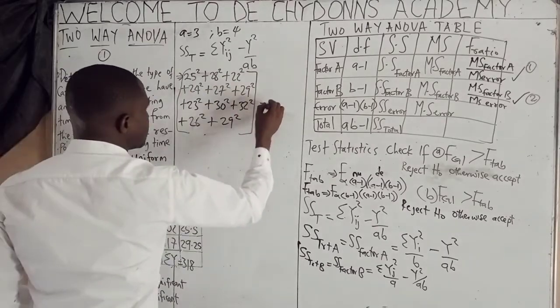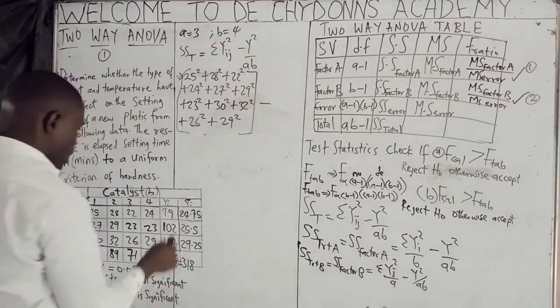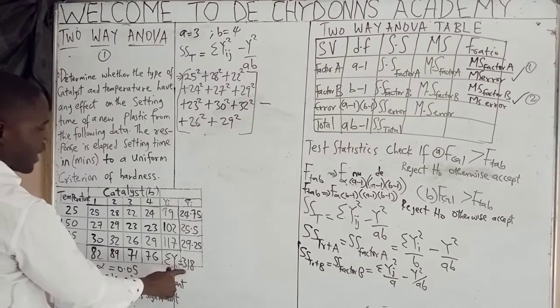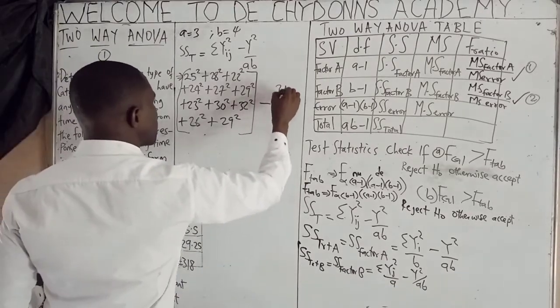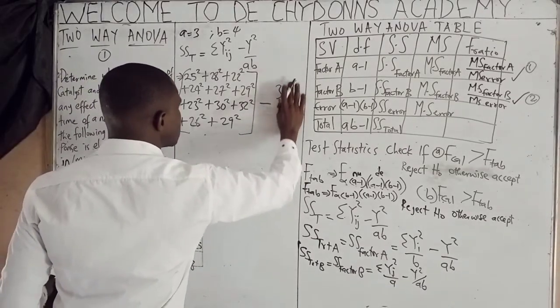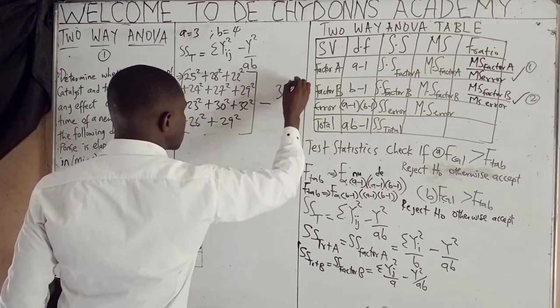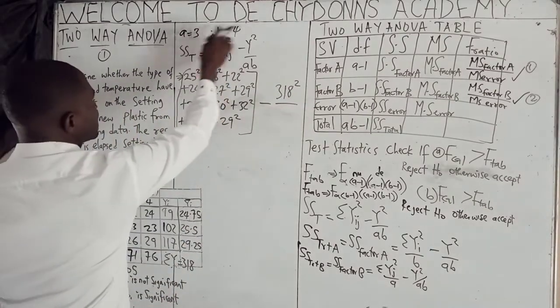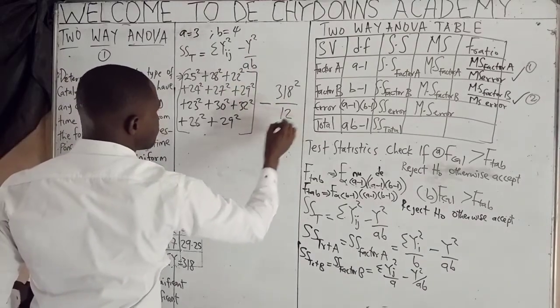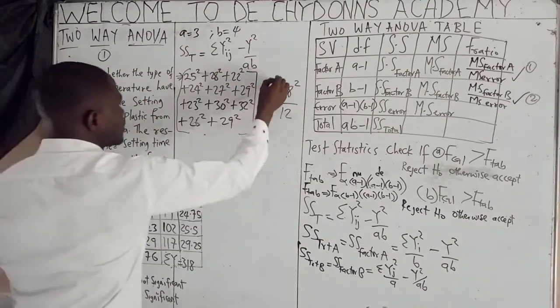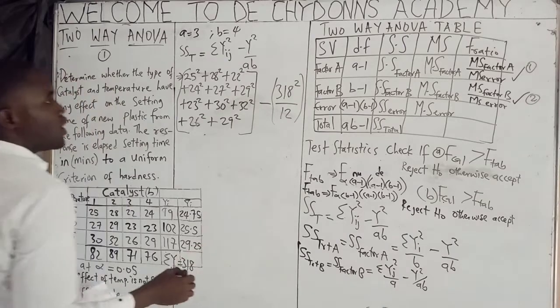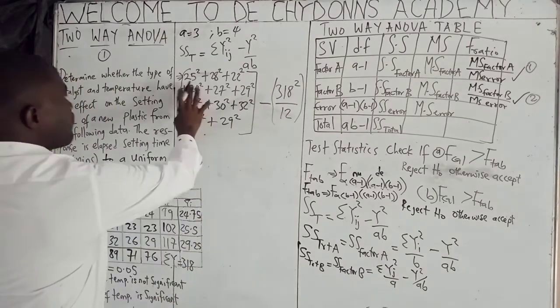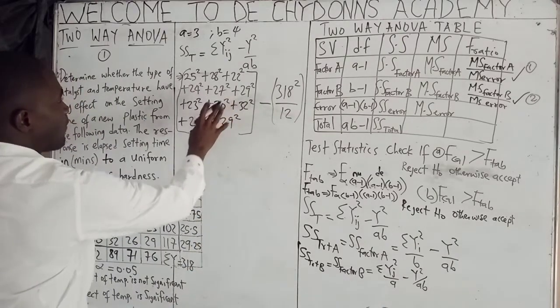Then minus y squared, what is our total y? 318 squared all over, what is our AB? 3 times 4, 12. So when you sort out everything here, use a calculator and compute it.